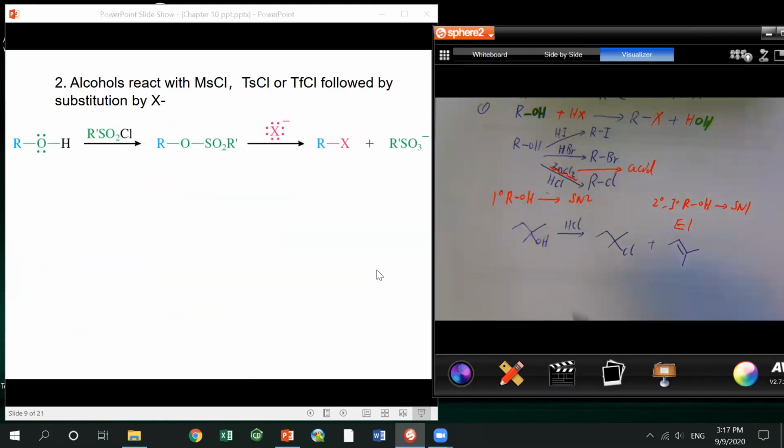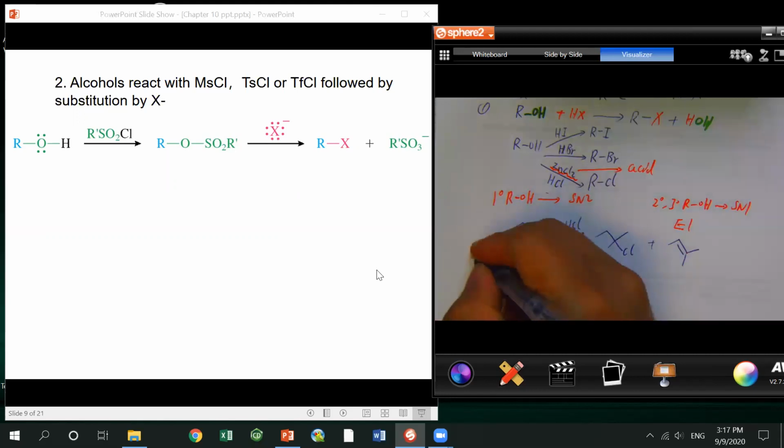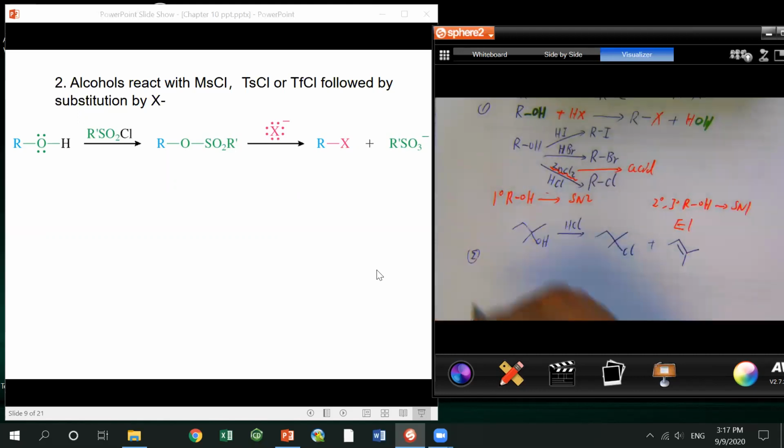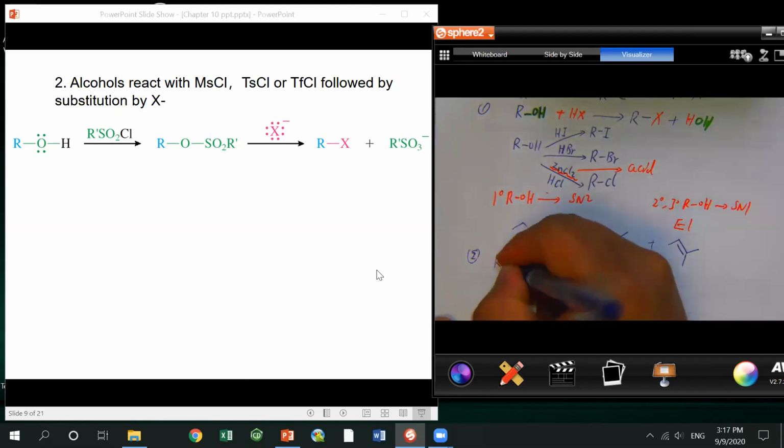And then the second way, which we also learned: a two-step reaction. Convert the OH group to a mesylate, tosylate or triflate, and then do the substitution reaction. I'll still draw this one for you.